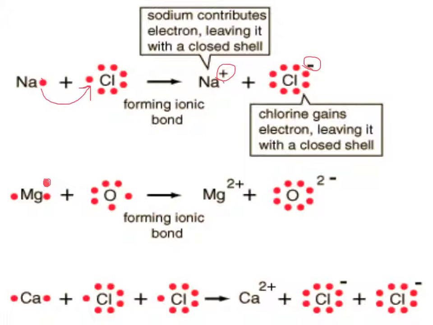We'll say we have 2 electrons on this side. It's probably actually on the other side. Both of those electrons are going to be given up to the oxygen. So then oxygen will have 8 electrons. Magnesium will be short 2 electrons. It lost 2 electrons. That means it has a plus 2 charge.